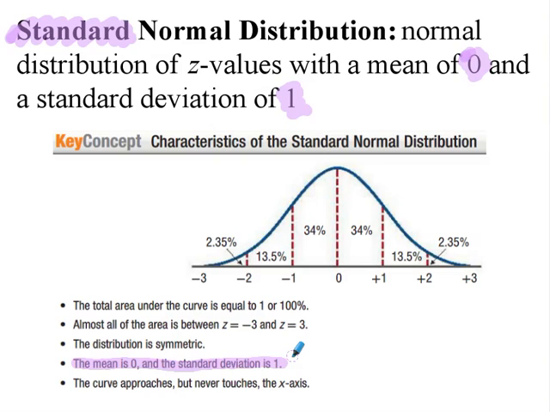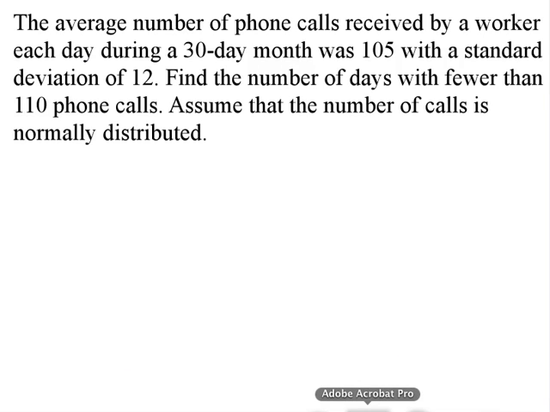Okay, so let's go ahead and look at an example of this. The average number of phone calls received by a worker each day during a 30-day month was 105 with a standard deviation of 12. Find the number of days with fewer than 110 phone calls.